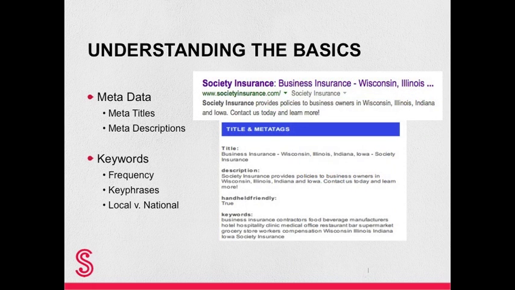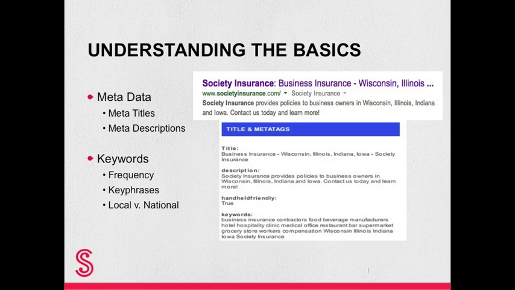So how do you improve your organic search results? Let's look at some of the basics. The first, on the right-hand side, is the metadata. We see Society Insurance's metadata pulled for us. The purple words are the meta titles. Those titles are specific to the actual page of the website and should match the content.